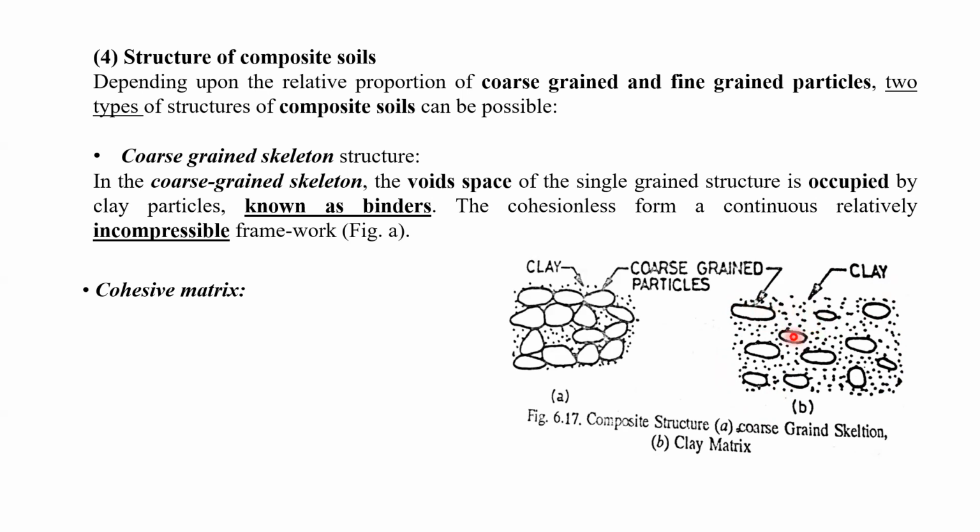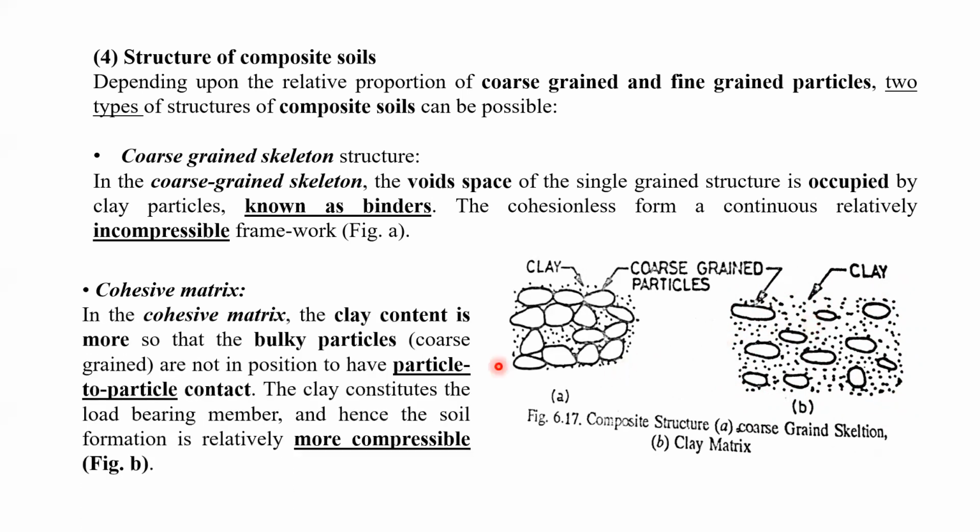You can see here no contact is there between the larger size particles. So if you apply load, or construct a structure on such soil, definitely these bigger particles will be scattered and settlement will take place. That means this type of soil will be highly compressible in nature. It cannot take more load.